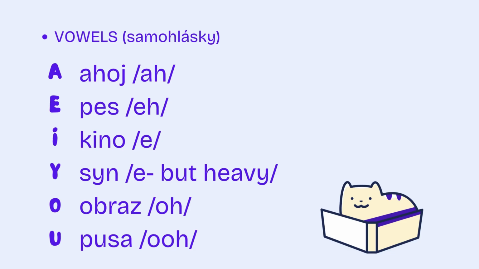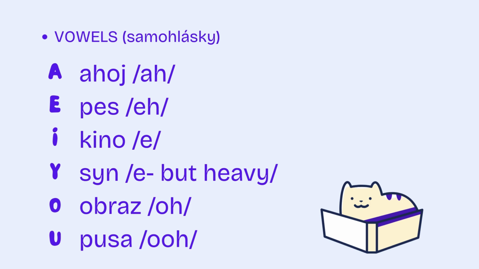However, the difference is important when you are writing in Czech, because you can, for example, have a word that is written the same, however, in one situation there is the I, and in another situation there's Y, and it can completely change the meaning of the word.